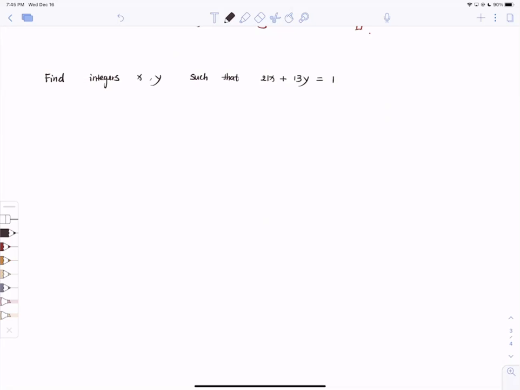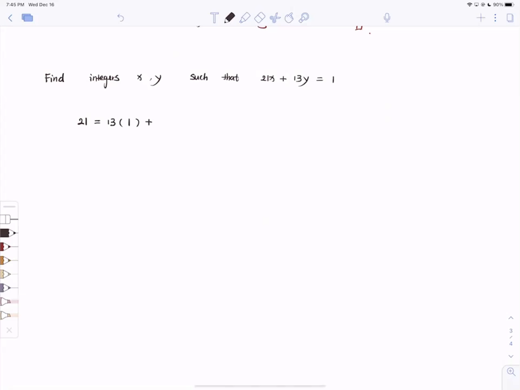So from this, what you need to do is, for those two numbers, you use the Euclidean algorithm to find their GCD. So 21 equals 13 times what, plus what? Anyone?